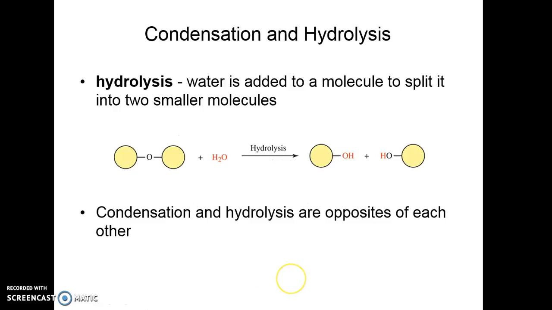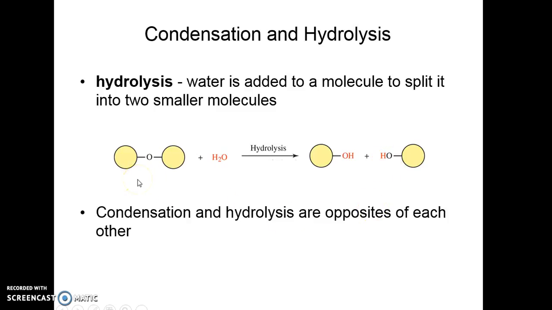In hydrolysis, it's the opposite direction. We're taking a bond that is carbon to oxygen and carbon. We're adding water in, and where we cut right here on one side of the oxygen, if we're cutting away the oxygen, we put a hydroxyl group, and on the oxygen that has been cut away, we put a hydrogen.